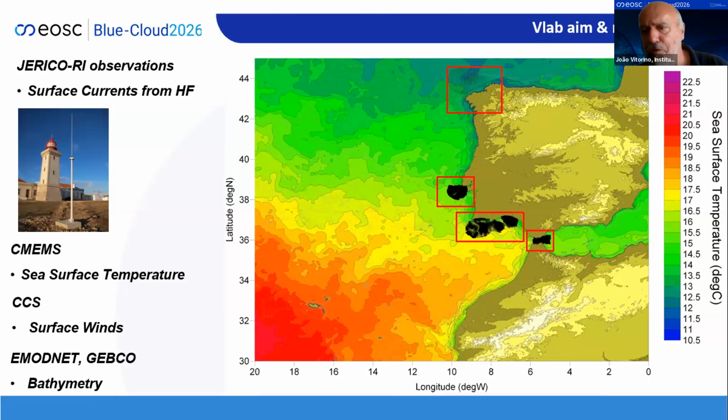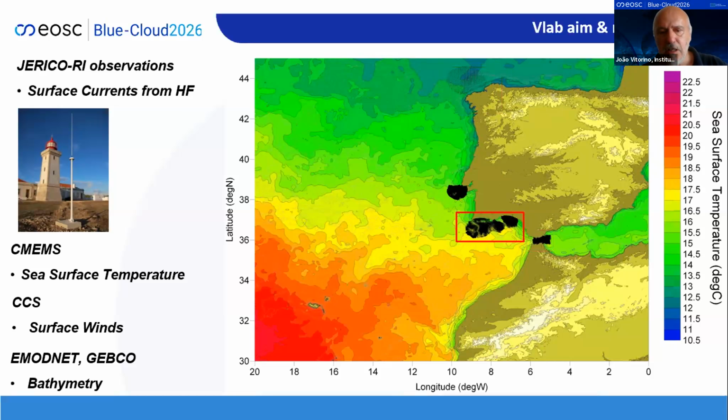So I'm putting here, for example, the HF radar capacities that JERICO area and partners of JERICO area are making available for the Iberian Atlantic coast, so along the coasts of Portugal and Spain. And you see also in the image the SST maps provided from Copernicus.